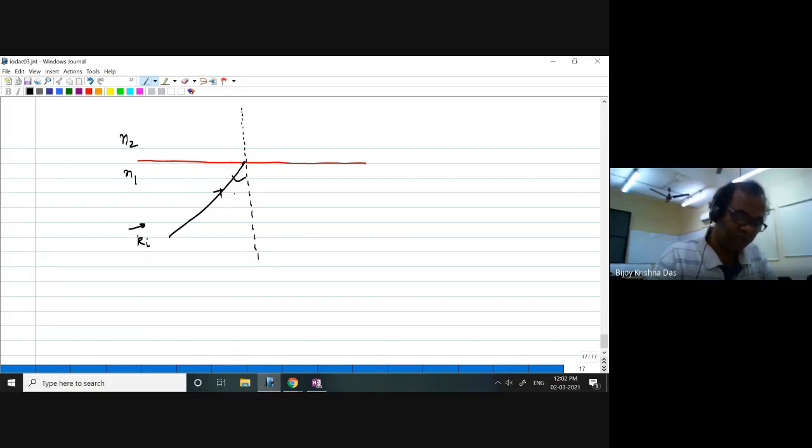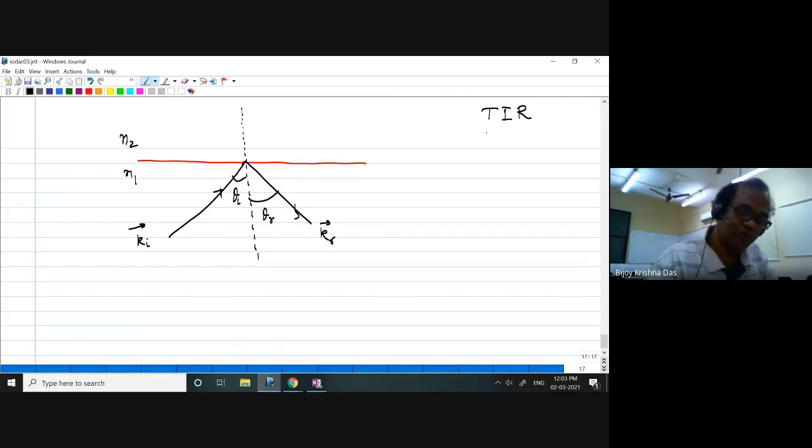We are considering theta I, and then theta R, Kr, and this is the case for TIR, total internal reflection.